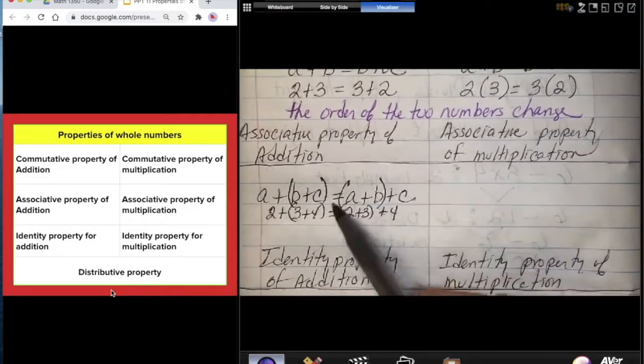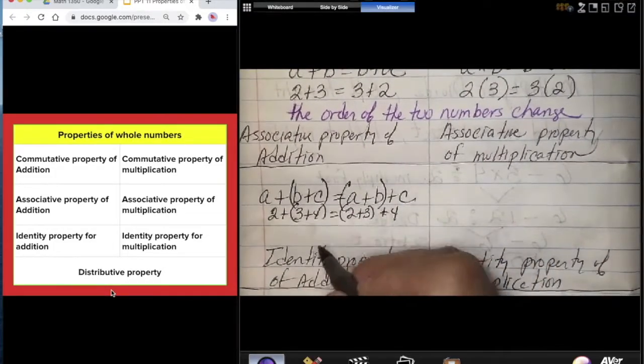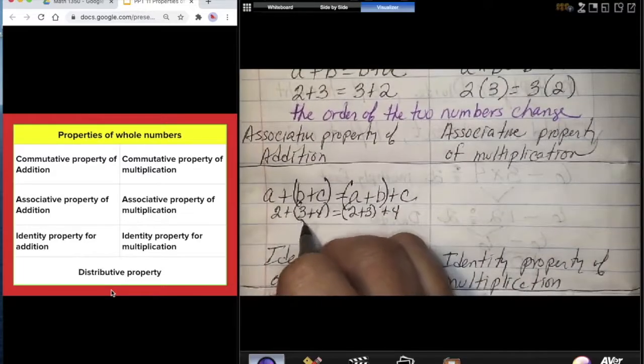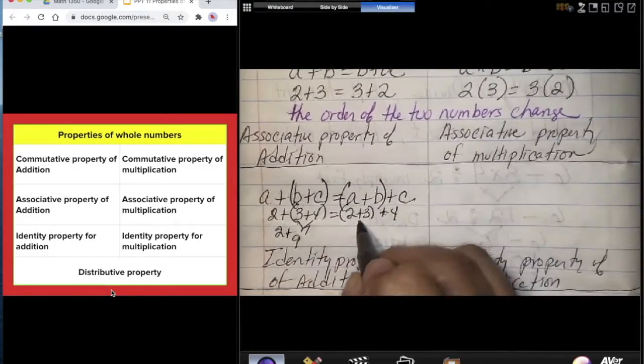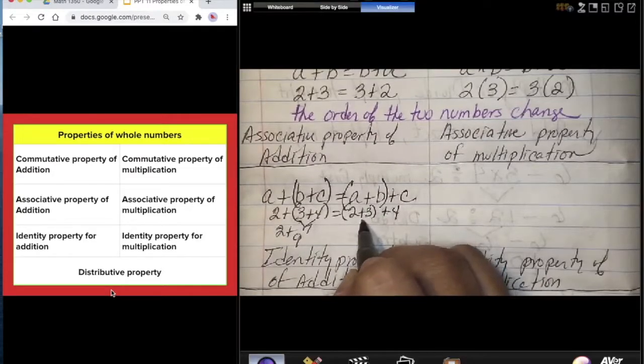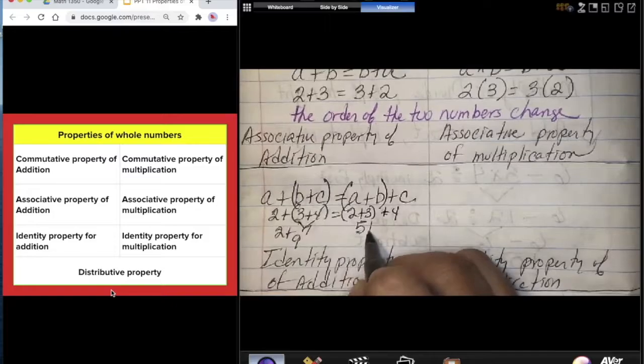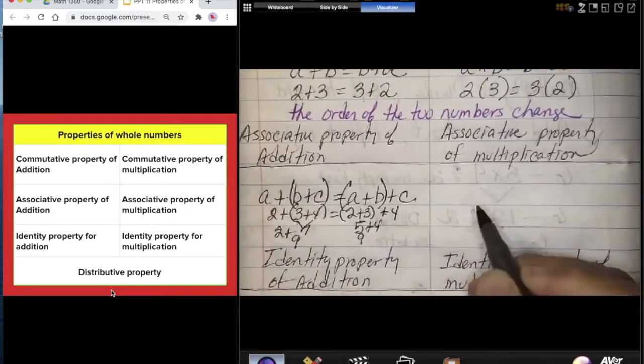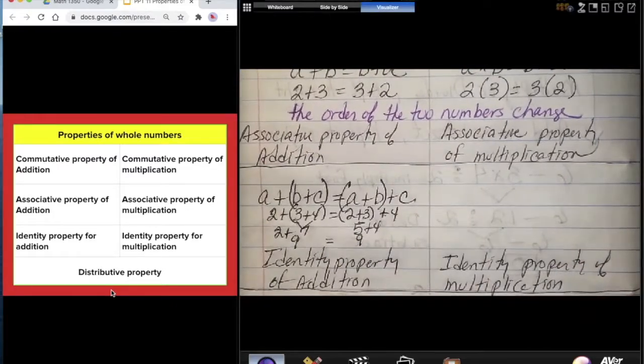What's changing is the parentheses. So we always do our parentheses first. So this becomes 2 plus 7. On the right hand side, we do our parentheses first. So 2 plus 3 is 5, plus 4 is 9. And so we end up with the same answer.